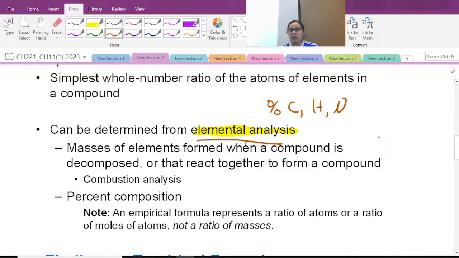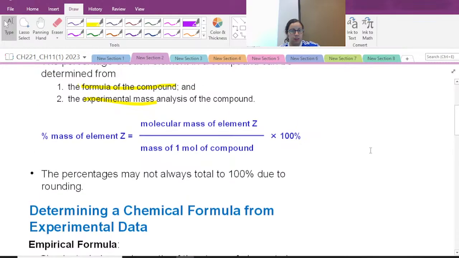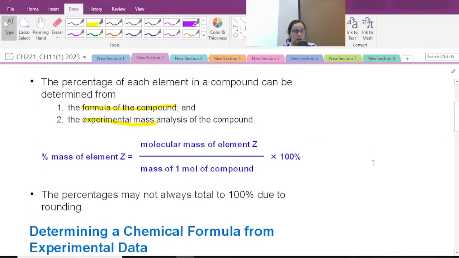Could you scooch back up for a second just to those two things that have been used to find the percent of each element in the compound? Yeah, so that's just the basic, figuring out how much you have of one element over the total compound, so always just part over whole.